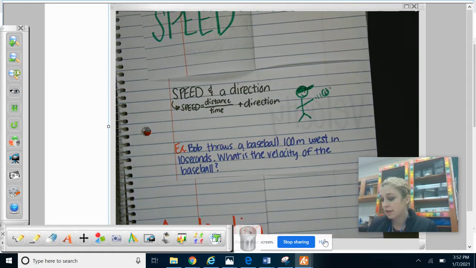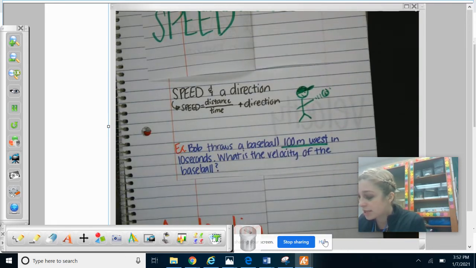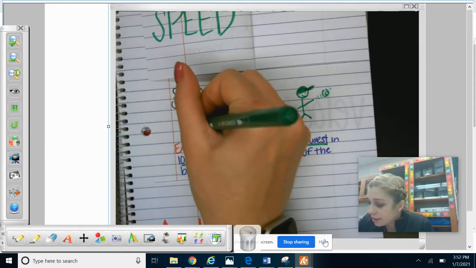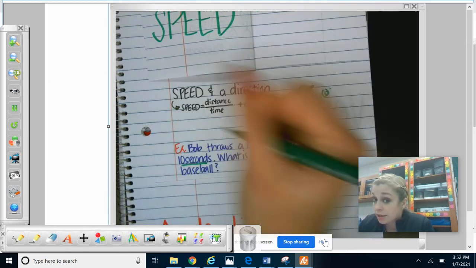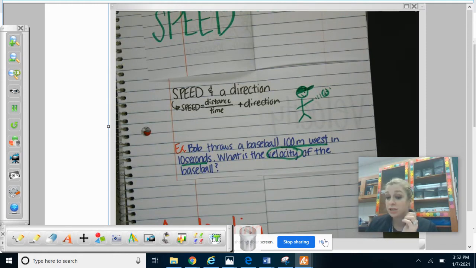So let's calculate what we need to calculate. It gave us 100 meters west. It gave us 10 seconds. It wants the velocity of the baseball. So we know that we can calculate this by finding the speed and just making sure we have a direction too. So your answer needs to be the speed and a direction.